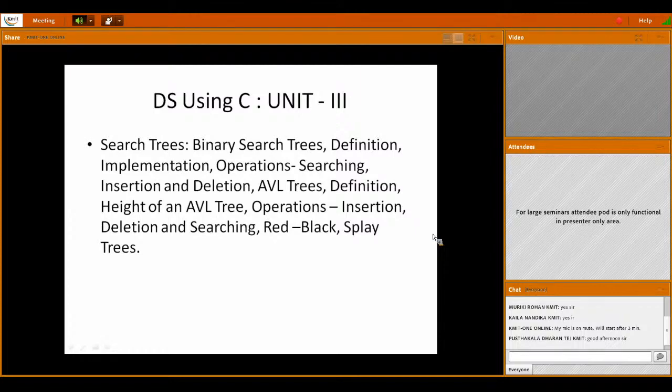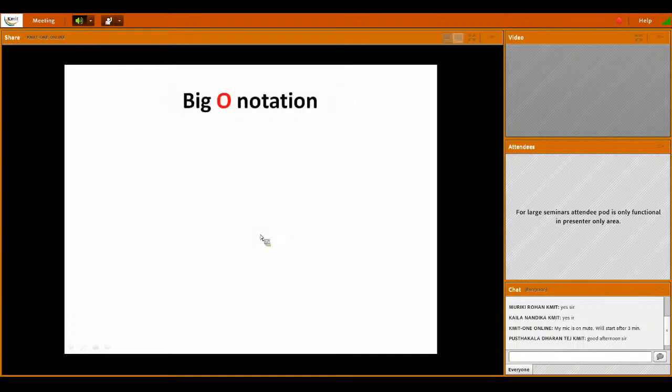Now, before that, as we had decided, before going for Unit 3, I think it was Rohan who was suggesting, I'd like to know about big O notation, because as you go for the interview, one of the key factors of you getting selected in your dream company is how efficient you write your algorithm, based on space complexity and time complexity.